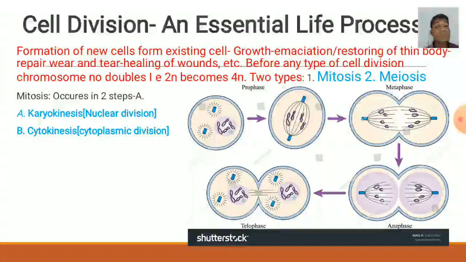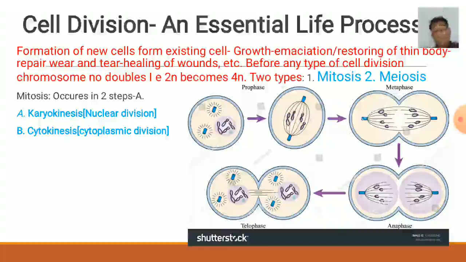In this process, a notch is formed at the equatorial plane of the cell, which deepens gradually and thereby two new cells are formed. However, in a plant cell, instead of the notch, a cell plate is formed exactly along the middle of the cell and thus cytokinesis is completed.